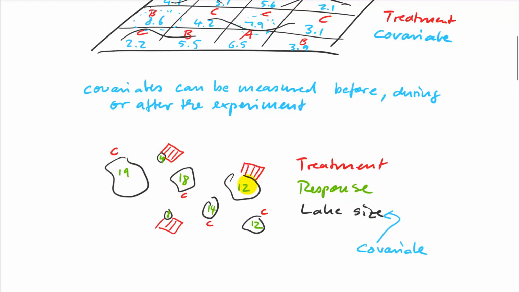So I'm measuring the species diversity here, but lake size might also have an effect on species diversity. So I could use the lake size as a covariate in my data table to account for this additional factor that I don't necessarily have control over in my sampling design. So I may not be able to pick lakes that are all equal size.